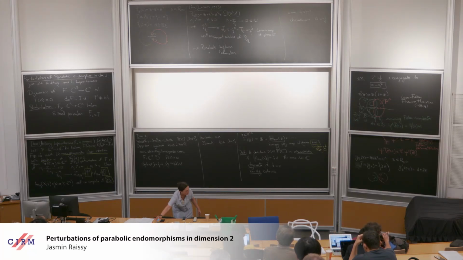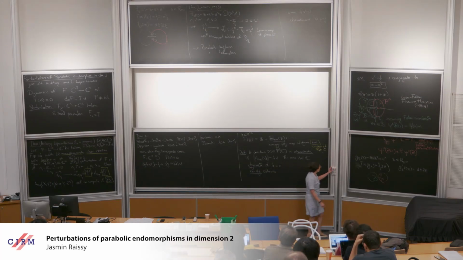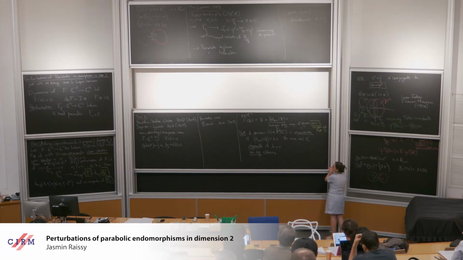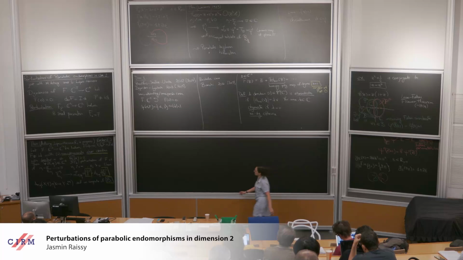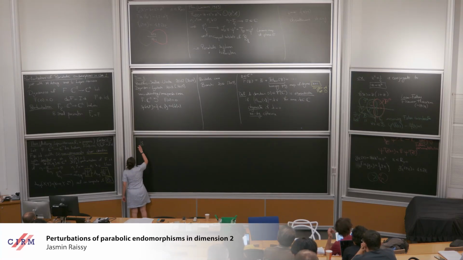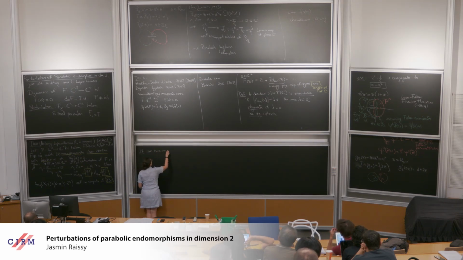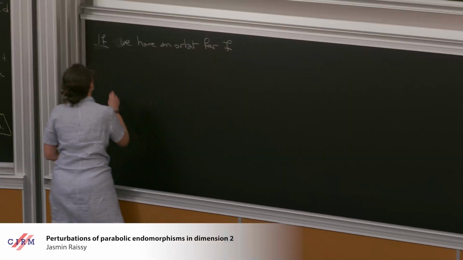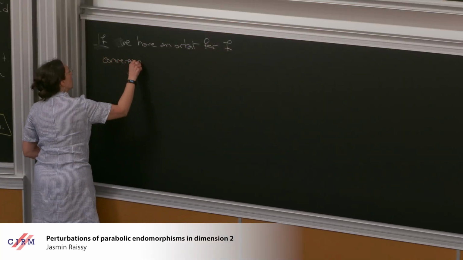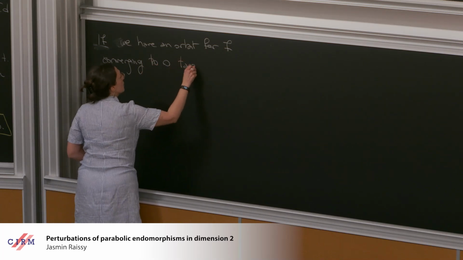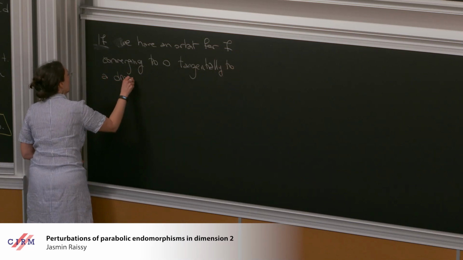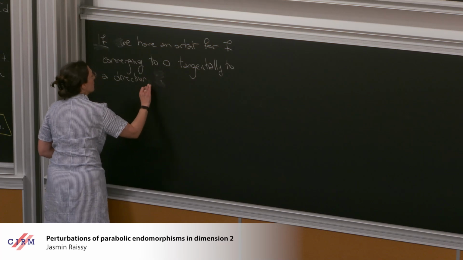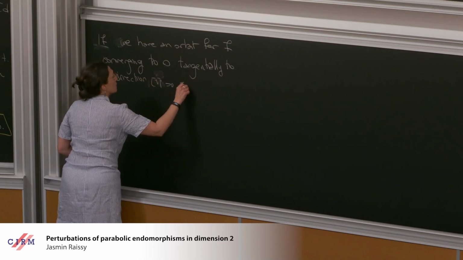And why are those so important? It's a fact that if you have an orbit for f converging to 0 tangentially to a direction V, then V is characteristic.